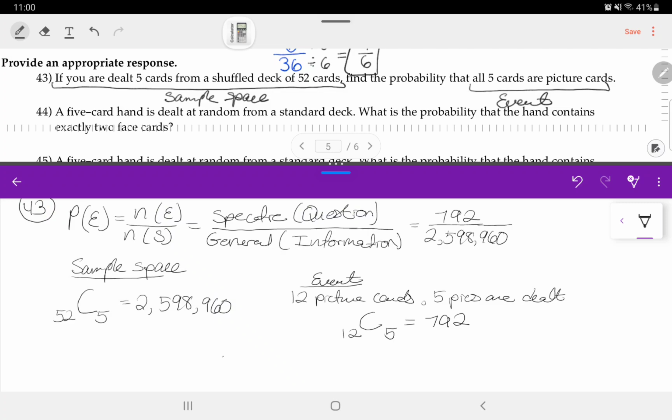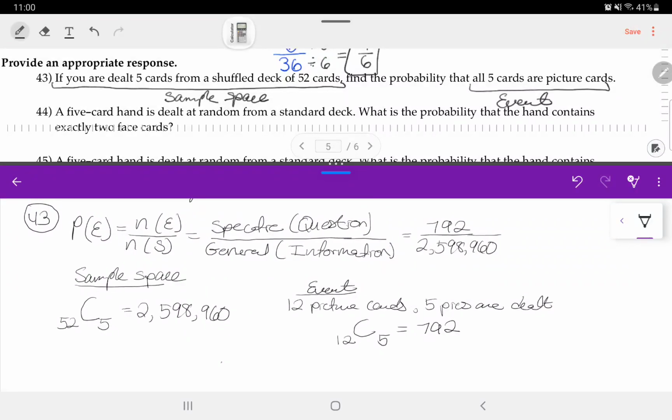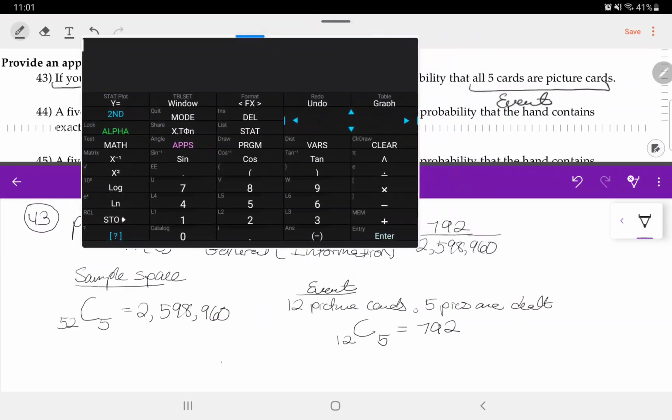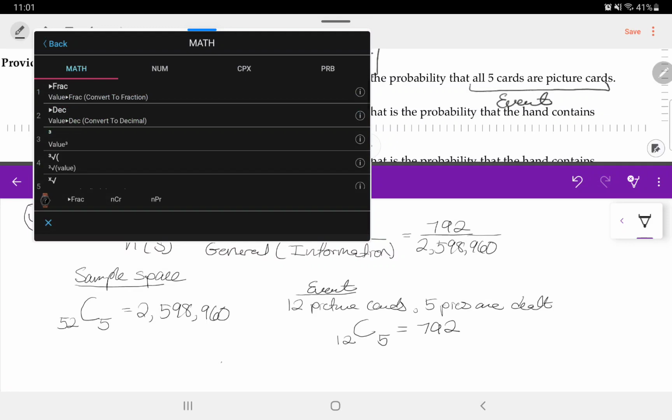The answer on the answer key is a reduced fraction. So having that TI-83 or 84 calculator, divide your fraction. That's going to be 792 divided by 2,598,960. After that, you're going to convert that decimal into a fraction by going to math.